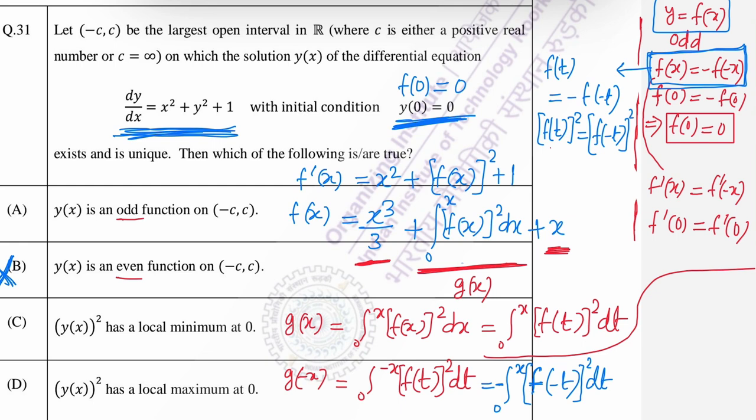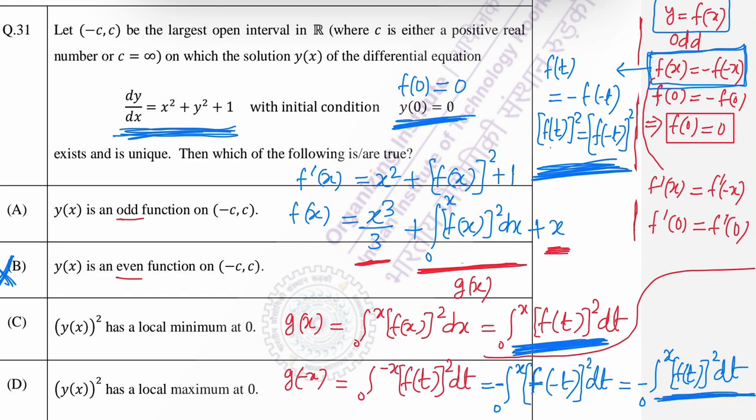So using this I can write the next step as integral 0 to x of f(t) square dt. Now see these two, both are the same, and that equals g(x). So the next step will be this equals minus g(x).